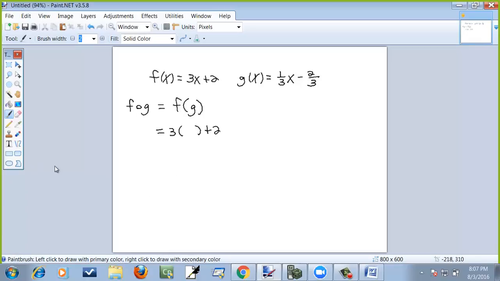Now, remember with evaluating, whatever's inside the parentheses here is automatically what goes in here. So we're going to put g in there.